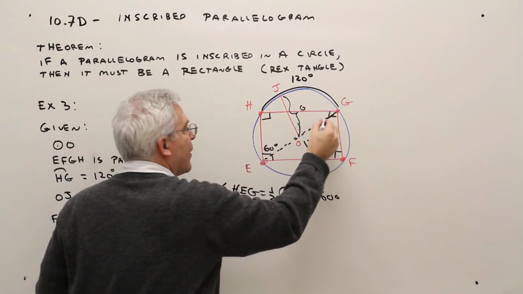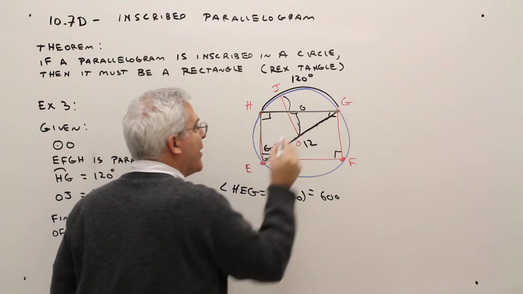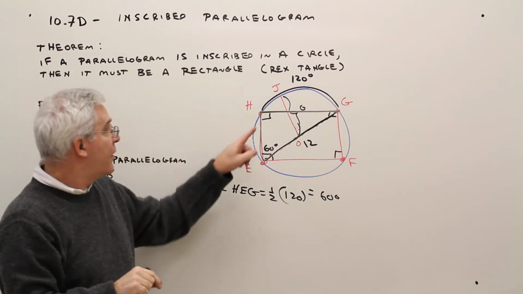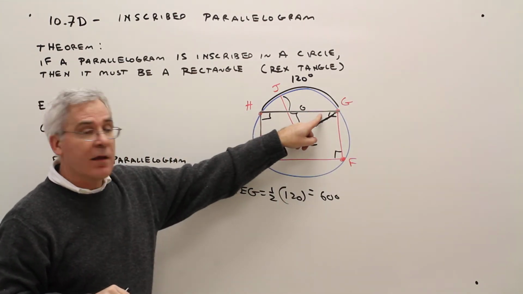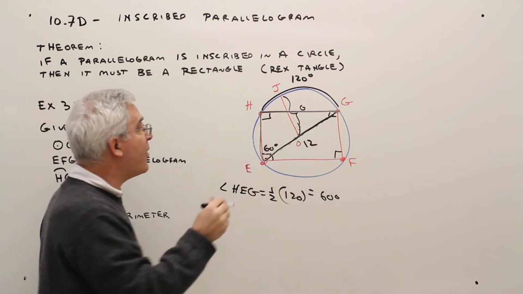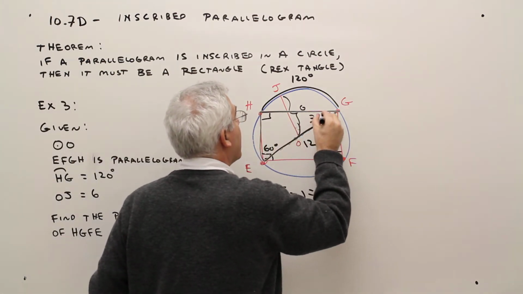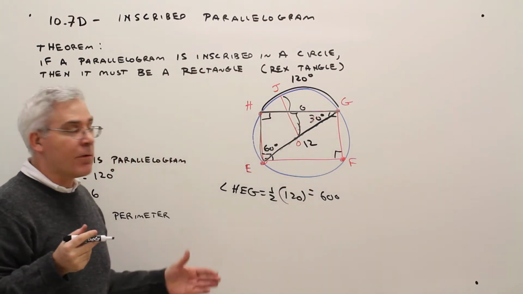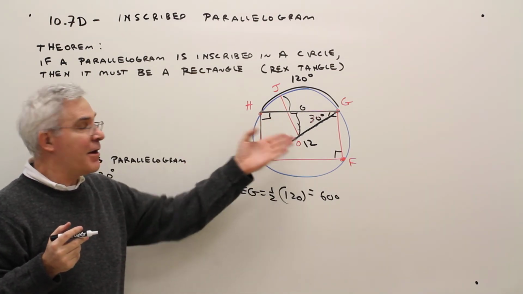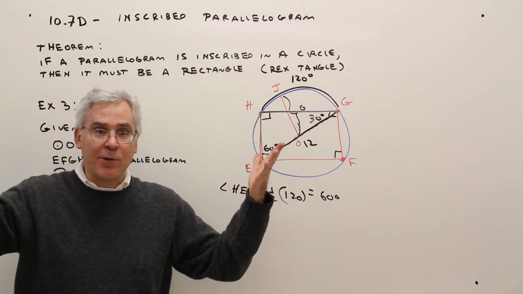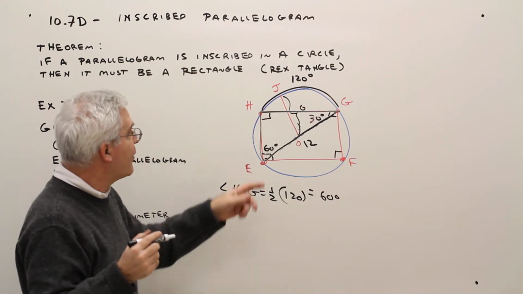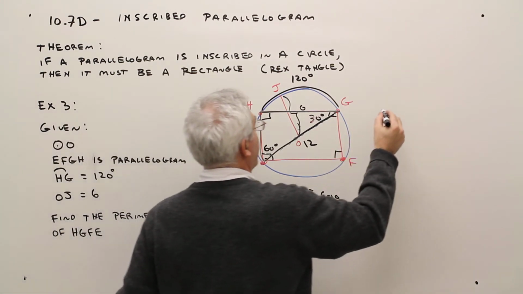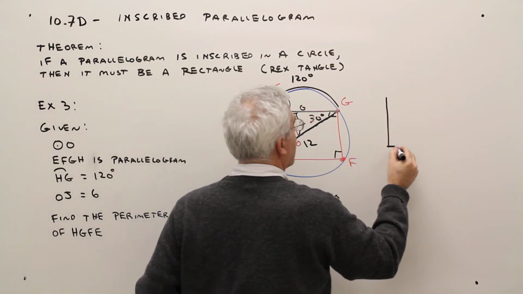If I've got a right triangle and one angle is 60, then this must be 30. I've got a 30, 60, 90 with one side, so I can use my ratios. I'll redraw that triangle so you can see it more clearly.